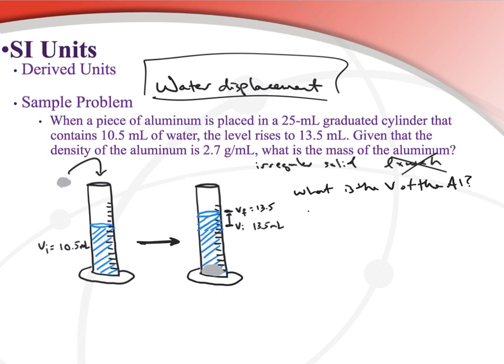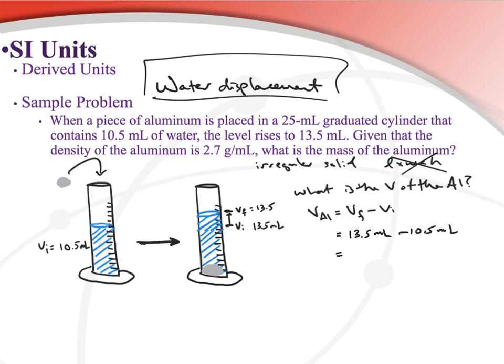Well, to do that, the volume of aluminum, Al, in this problem, is the final volume minus the initial volume. This volume here minus this volume should tell us how much this thing is taking up, okay? So mathematically, final volume is 13.5 milliliters minus 10.5 milliliters.